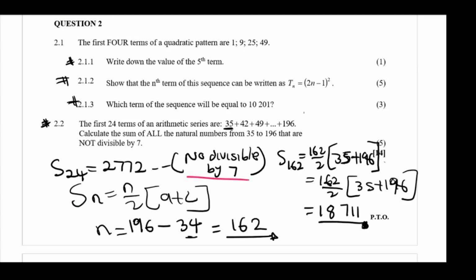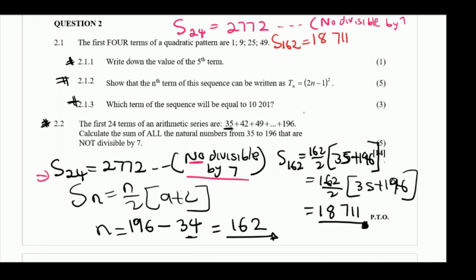So now let me write this properly. Now you have a sum of 24 terms, which equals 2772. This one here is for numbers that are divisible by 7, right? And then S of 162 is equal to 18,711.